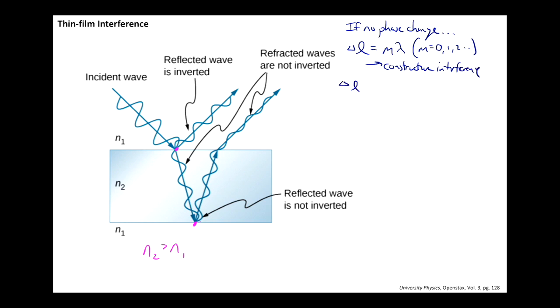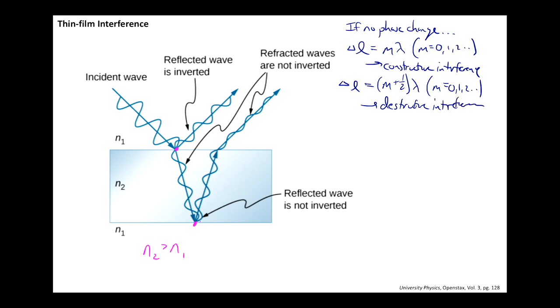And just like before, if delta L is equal to some half wavelength, and express that however you want to, let's just write it as m plus 1/2 lambda, and then we'll again let m be equal to 0, 1, 2, and so forth, we get destructive interference.